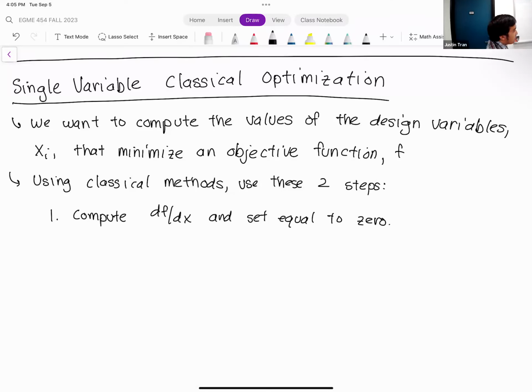In other words, we want to find the extrema, and what's common at all the extrema is that the slope of the tangent line there is equal to 0. Hence we compute the first derivative, which gives us the slope of that tangent line, and set it equal to 0.